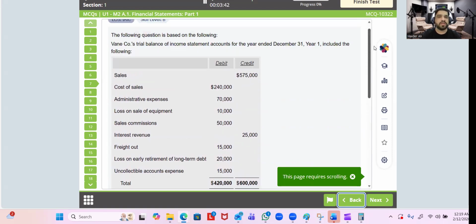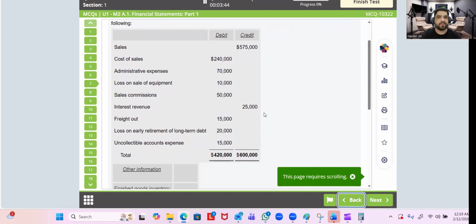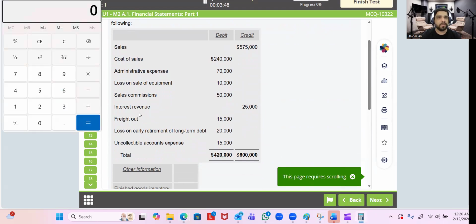If you total the credit side, that's going to be 600,000. If you use your calculator now, 600,000 is your credit. It means revenues and gains, minus the total of the debit side, 420,000. So when you equate, your income from continued operations becomes 180,000.